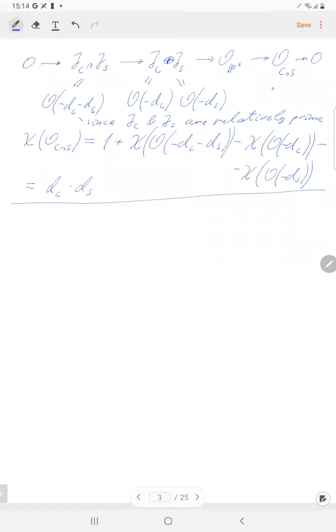Okay. So now for something completely different, there is the theorem called the Riemann, Birkhoff, Grothendieck theorem.